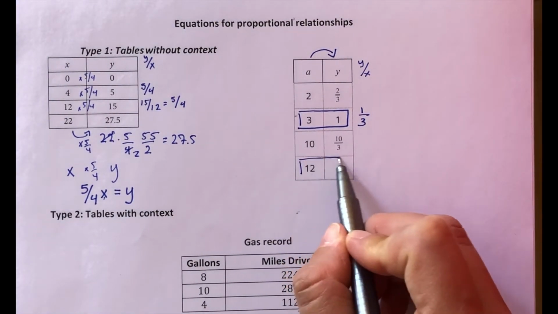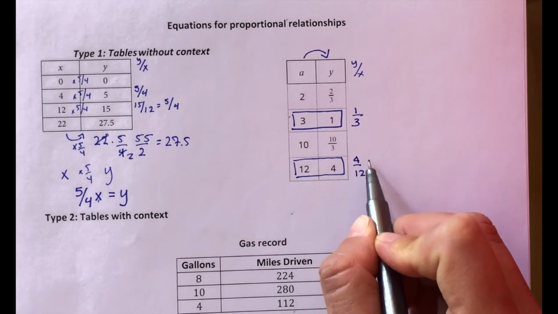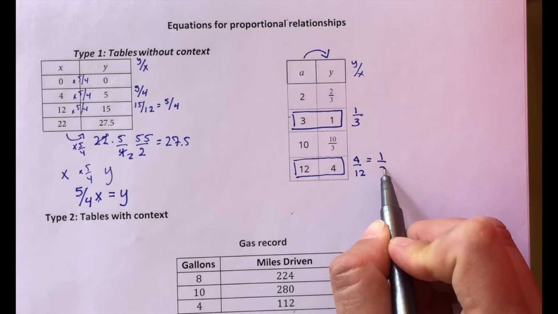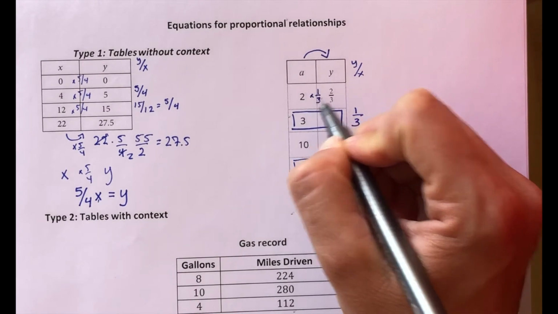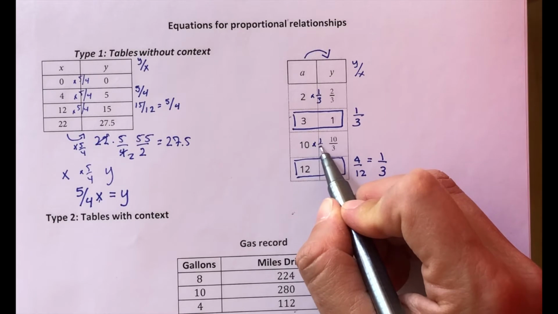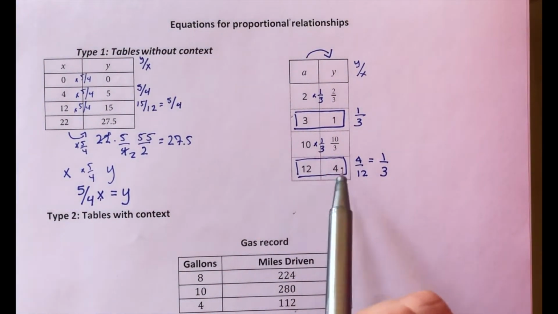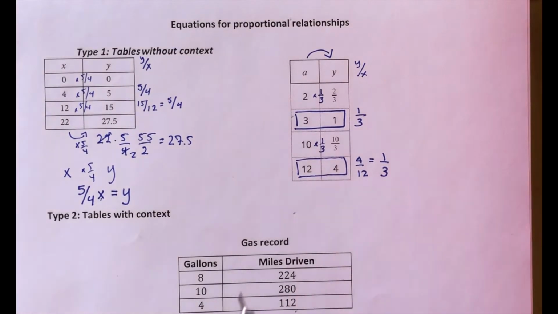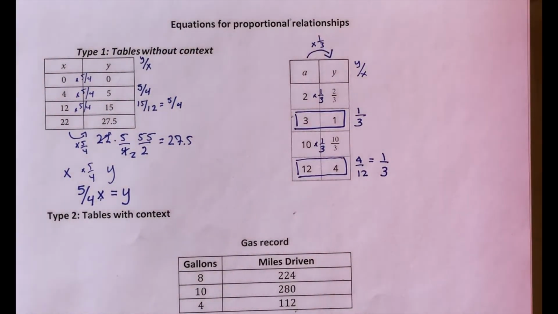I see that this line of the table has a y divided by x value of 4/12, which also equals 1/3. Here I can see that 2 times 1/3 equals 2/3, and here I can see that 10 times 1/3 also equals 10/3, which means that my constant of proportionality is 1/3, which means I'm always multiplying a by 1/3 to get to y.